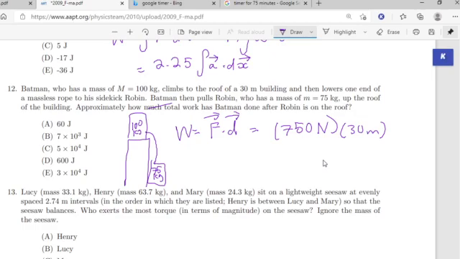I don't think any of these answers are matching up. Where am I messing up?